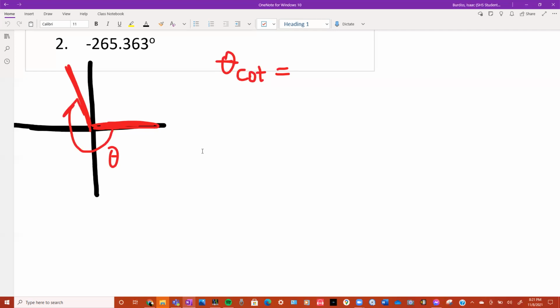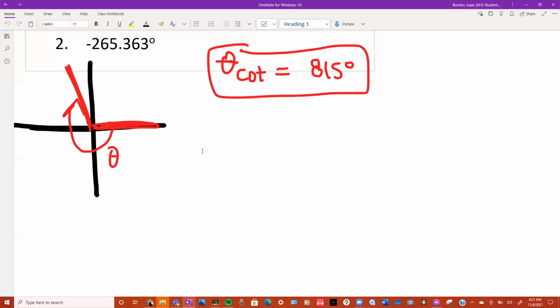Let's just round to 265 to make things simple. 265 plus 360 is 95, so that's not in between 500 and 1,000, so keep going. 455 doesn't work. 815 does work. 1175 doesn't work. So there's only one for this: 815 degrees.